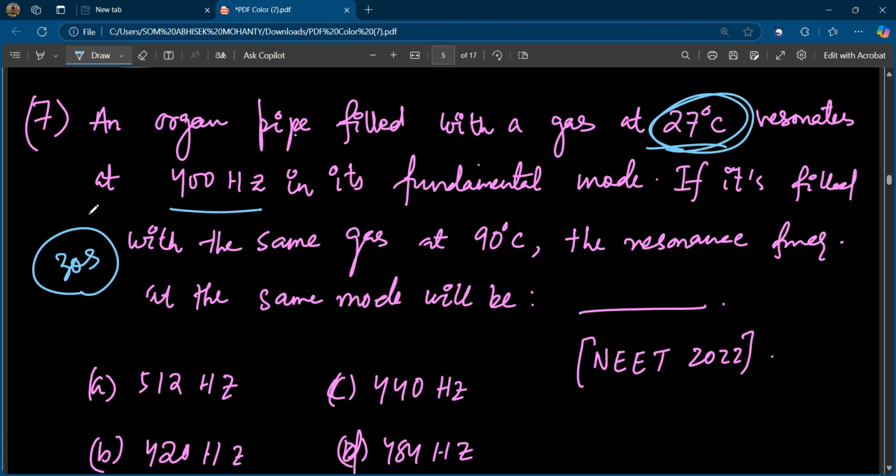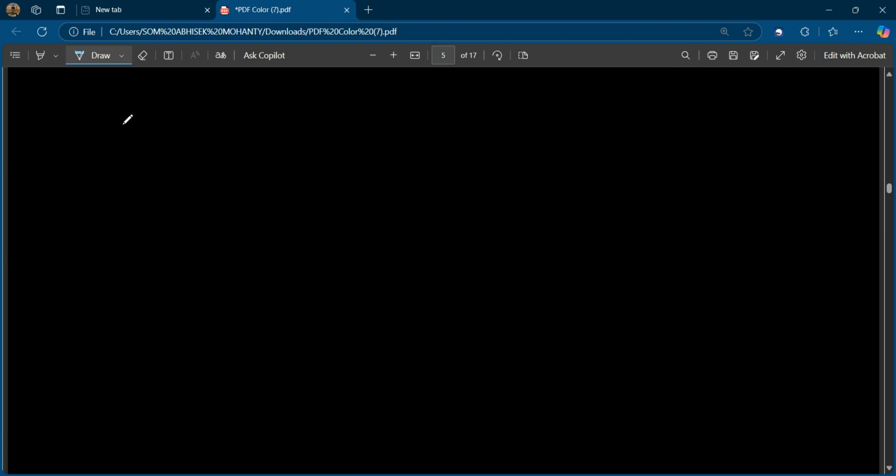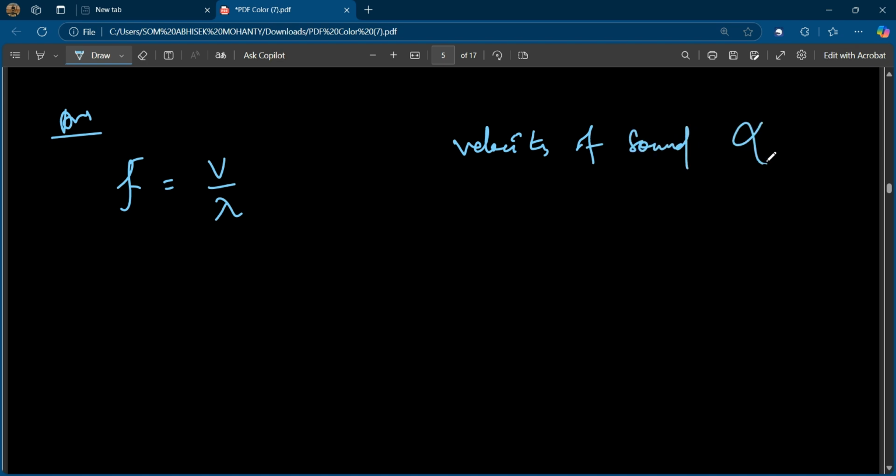See, it's a very easy question again. Frequency F is equal to V by lambda, and the velocity of sound is proportional to root over of T. So eventually, frequency is proportional to root T, where T is the temperature, not the time period.